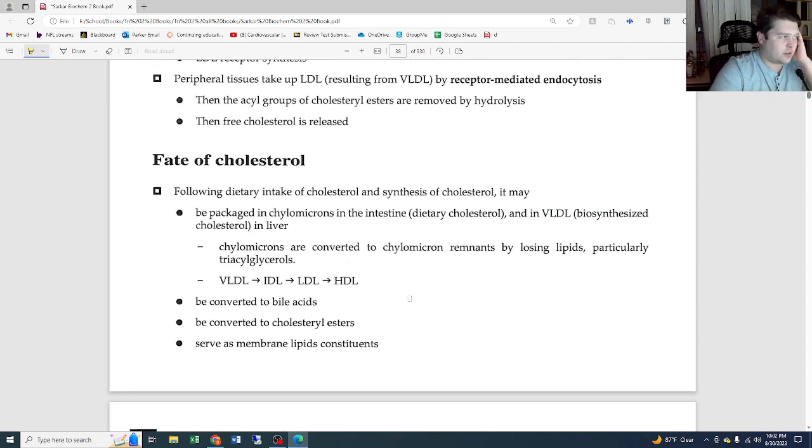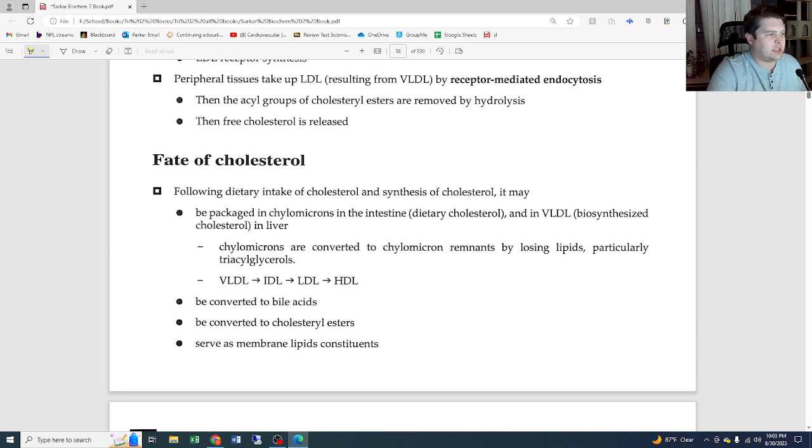Talking about the fate of cholesterol, following dietary intake and synthesis of cholesterol, it may be packaged into chylomicrons in the intestine. That's the dietary cholesterol. And in VLDLs, this is the biosynthesized cholesterol in the liver. The chylomicrons are converted to chylomicron remnants by losing lipids, particularly triacylglycerols.